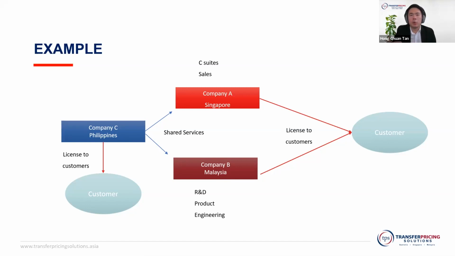In terms of going through the traditional transactional methods, we go through the list: the comparable uncontrolled price, then resale price, then cost plus. The first question you need to ask yourself is, when can I apply any of the three methods? I've got shared services, R&D, product engineering, C-suites, and sales, so mostly service provision.